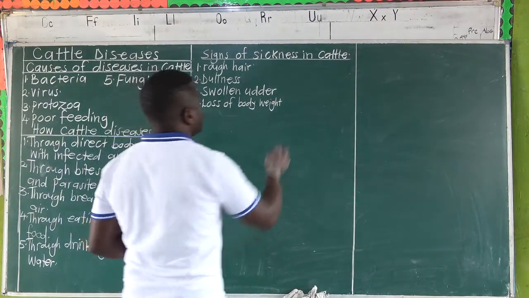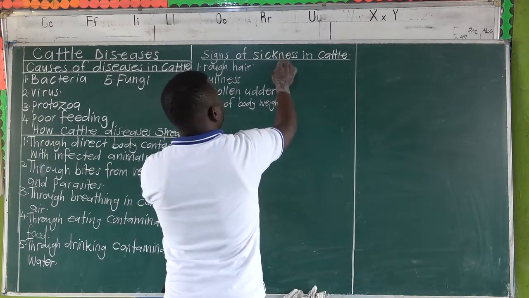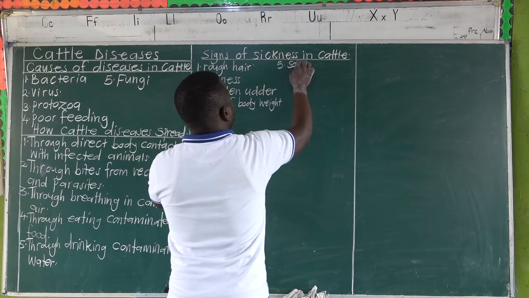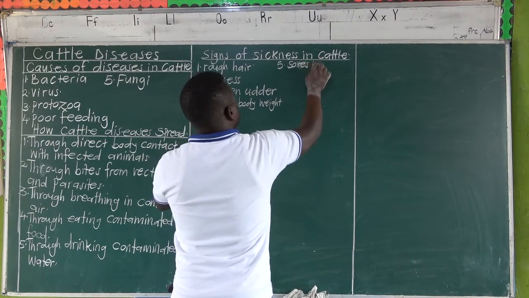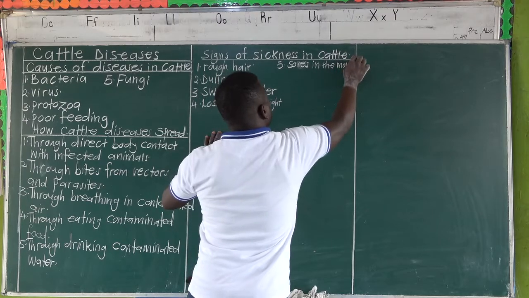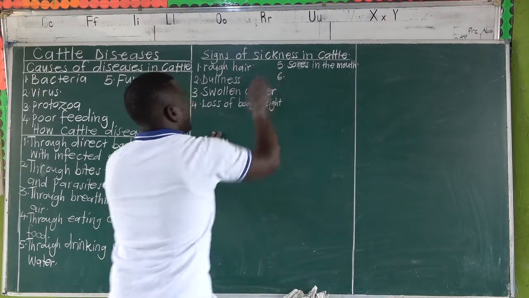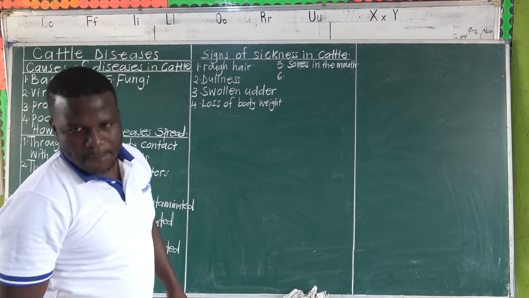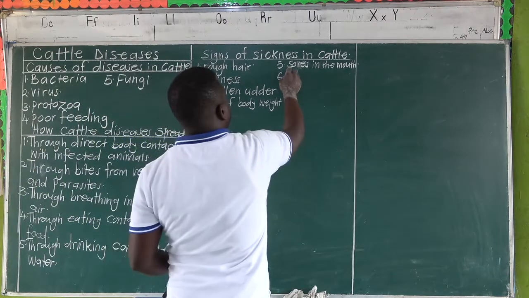Sores in the mouth. Then number 6, limping.